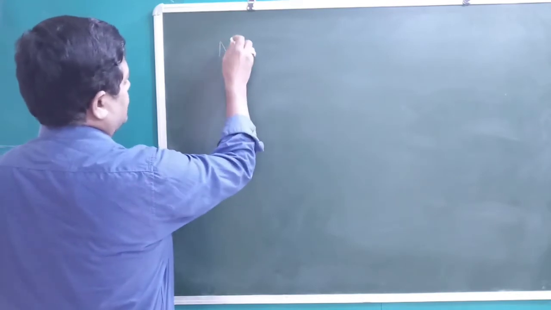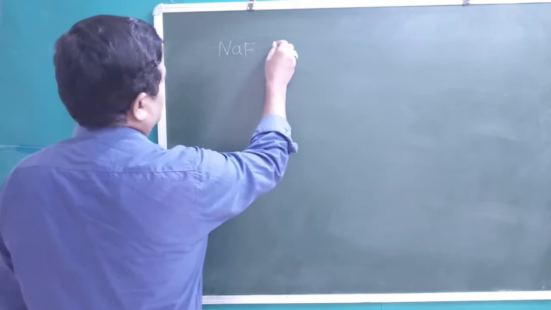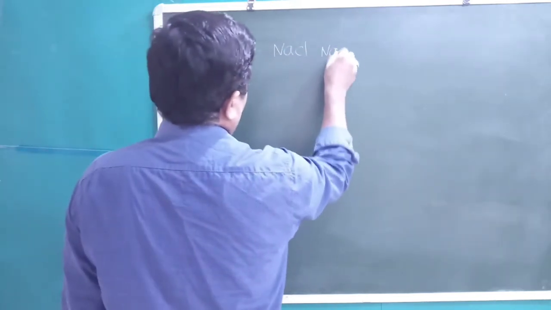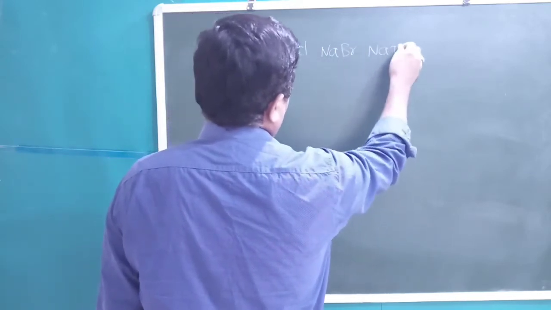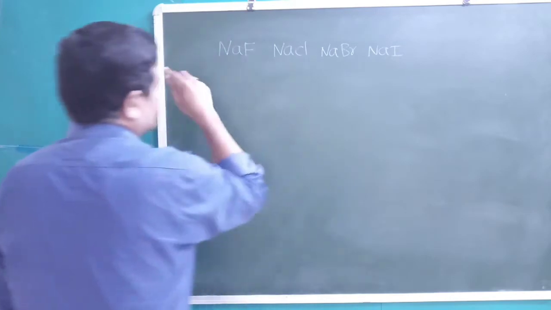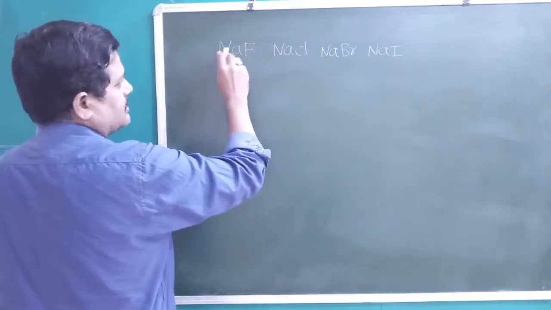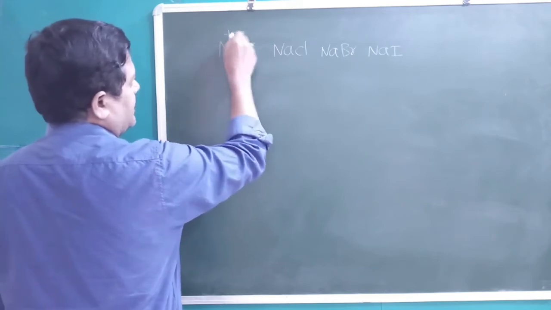Students, in the given compounds NaF, NaCl, NaBr, NaI, the lattice energy order depends on the size of the anion. Here the cation is common, Na plus.